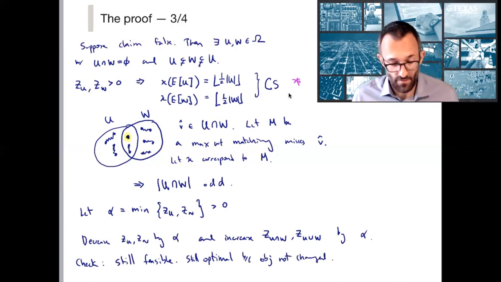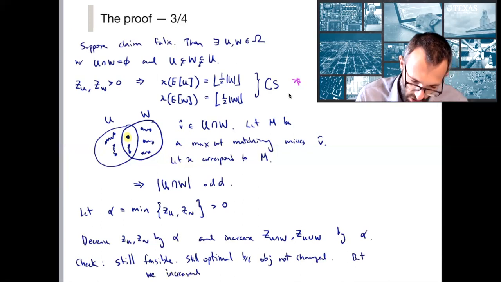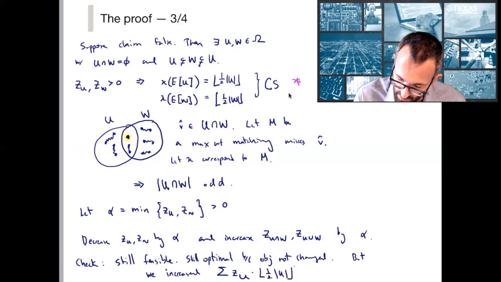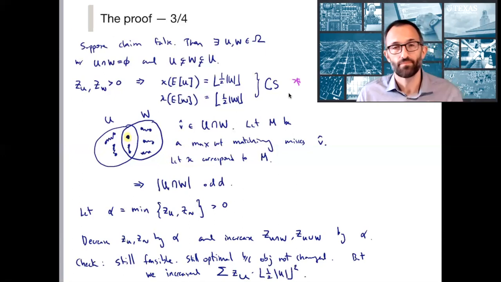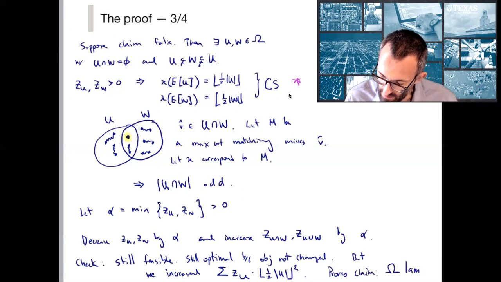However, we increased the value of this quadratic objective, the sum of ZU with the new variable ZU. I could have put a tilde or something like that, but I think it's simple enough to track. And this proves the claim, which again says that omega is laminar.